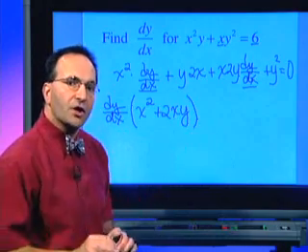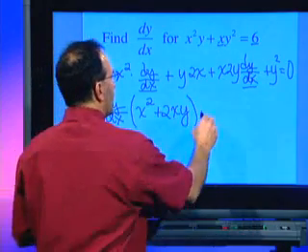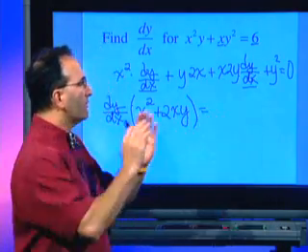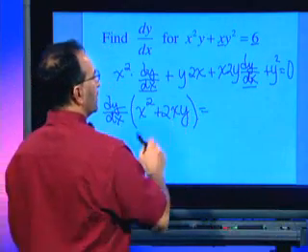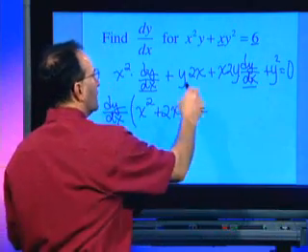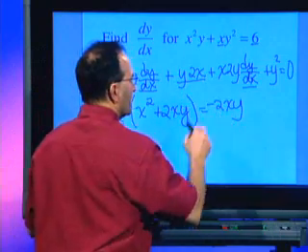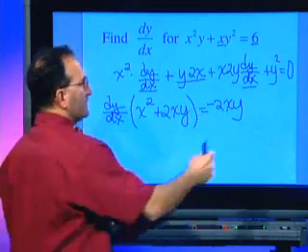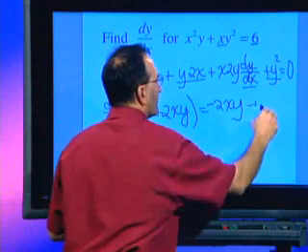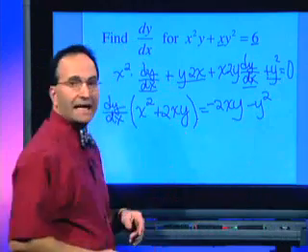The other terms don't have dy/dx in them, so we're going to bring them over to the other side. Those terms are 2xy, so that would be negative, and y squared, which would also be negative.